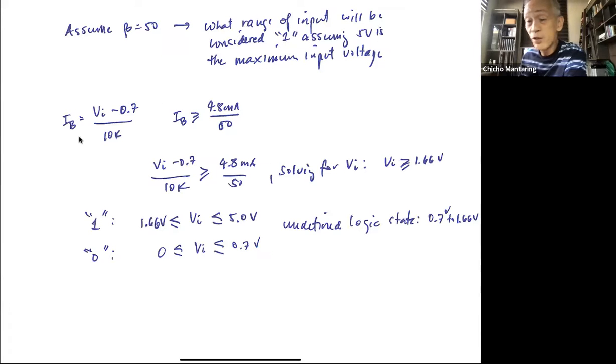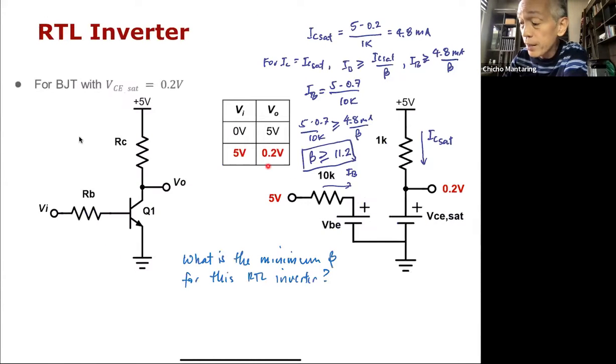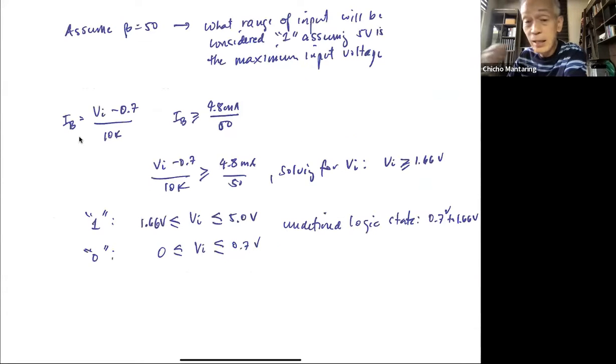Right? So you always have to check that the output of your gate will work at its proper logic level if it is input to exactly the same gate. Okay. So that's the RTL inverter.